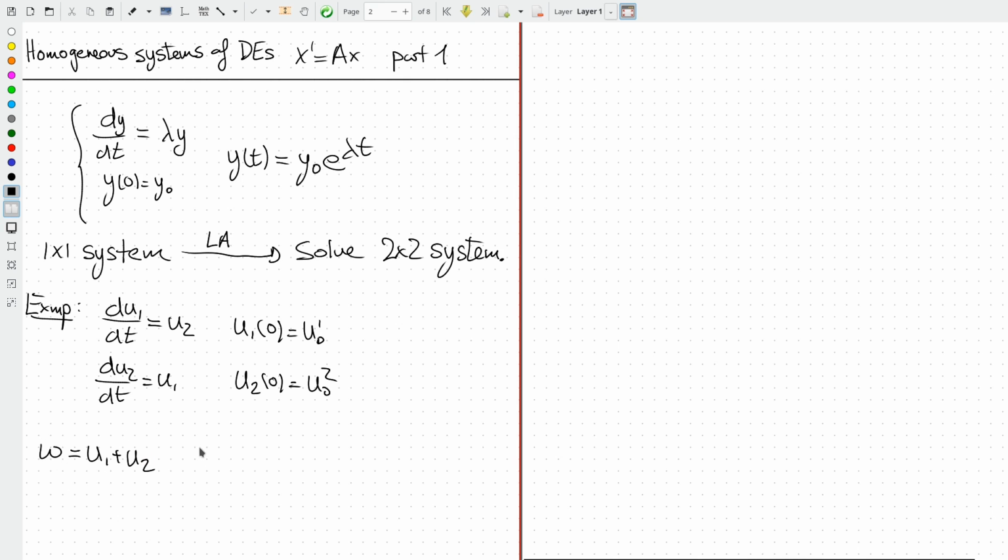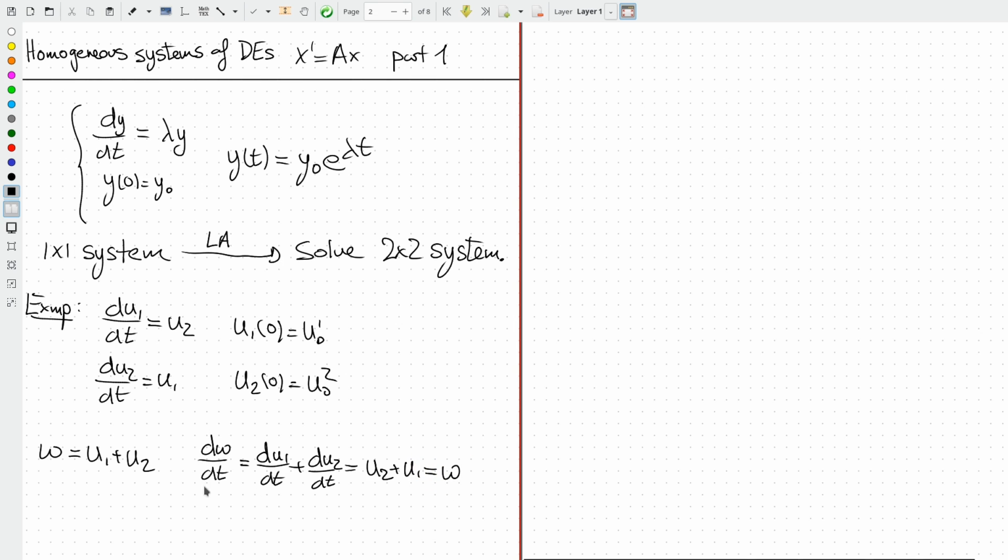Note, if I differentiate both sides, I get dw/dt equals du1/dt plus du2/dt. Now we can go back to our definition for the differential equations, and we know that du1/dt is the same as u2, and du2/dt is the same as u1. So this becomes u2 plus u1, which is the exact same as w.